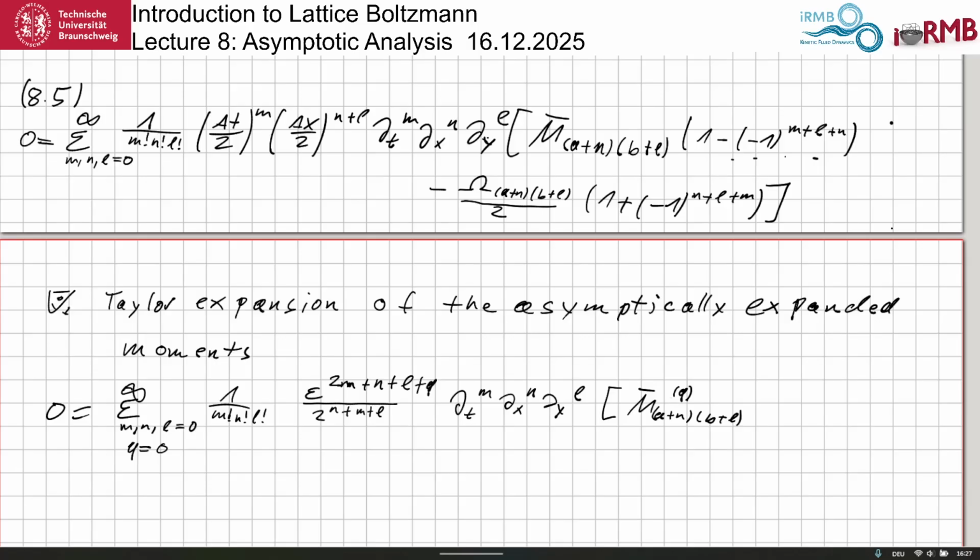So this Q is the asymptotic expansion, epsilon times epsilon to the power Q, and I've taken the liberty to assemble all of that together here: Q times 2m plus n plus l.